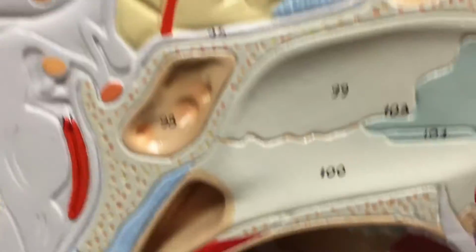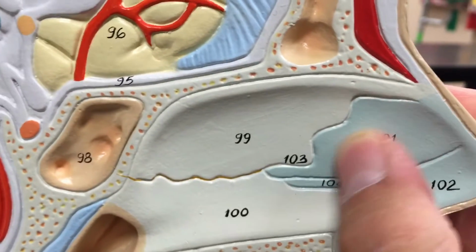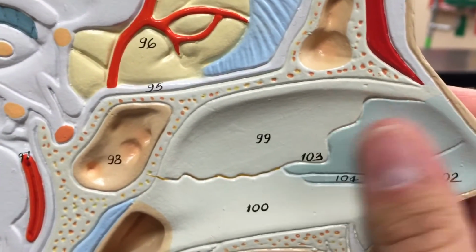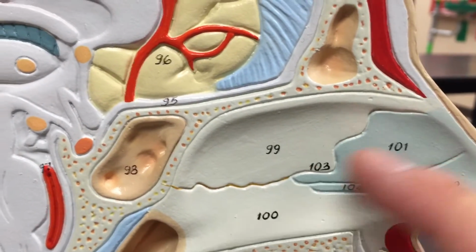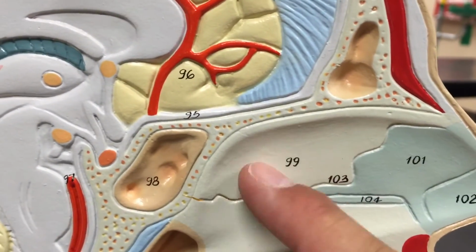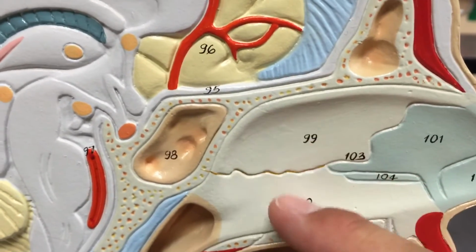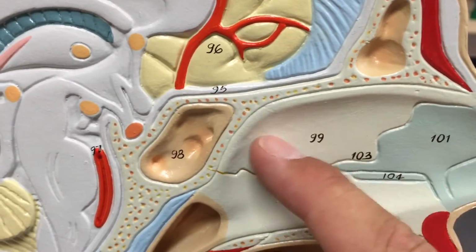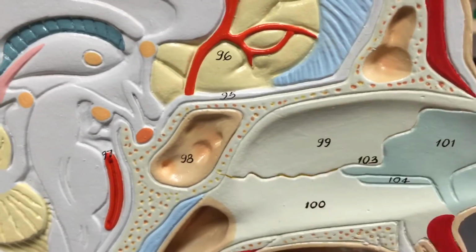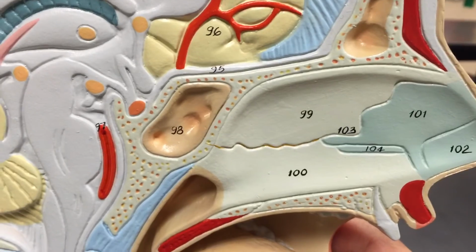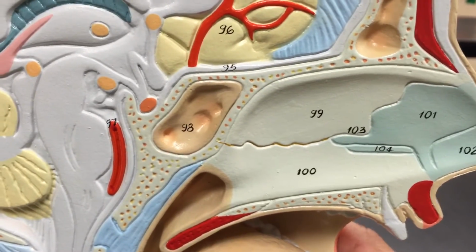As you can see, there are different cartilages that make up the nasal septum. The anterior half of the nasal septum is all cartilage, whereas as you get back towards the inside of the nasal cavity, we've got two different bones, the vomer inferiorly and the perpendicular plate of the ethmoid, that help to form the bony part of the nasal septum.